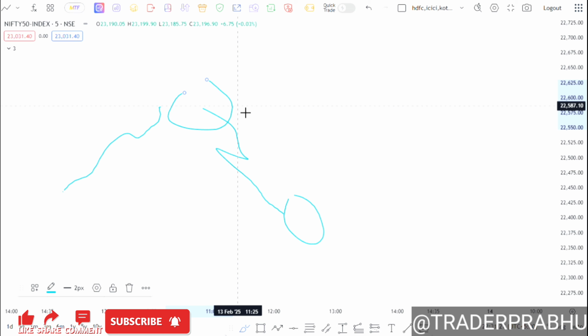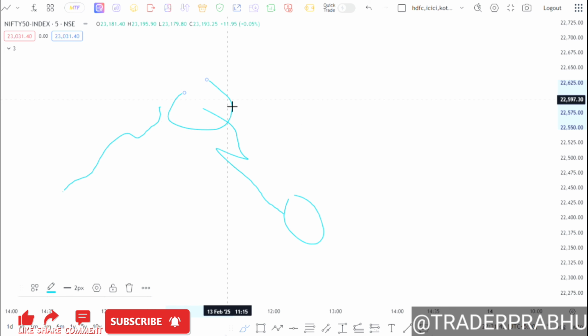When the road goes up, that's an uptrend. When the road goes down, that's a downtrend. Prices are falling. When you stop at a checkpoint, that's a sideways market. No clear direction.